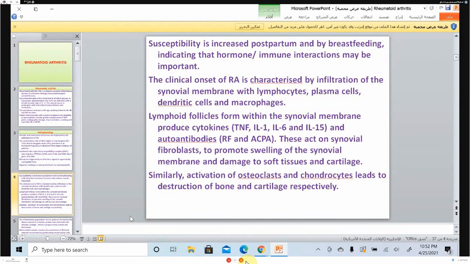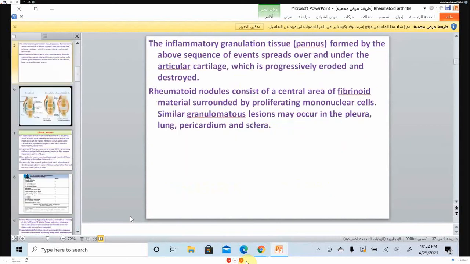Similarly, activation of the osteoclasts and chondrocytes leads to destruction of the bone and cartilage, respectively. The inflammatory granulation tissue, or what is called the pannus, formed by the above sequence of events, spreads over and under the articular cartilage, which is progressively eroded and destroyed.